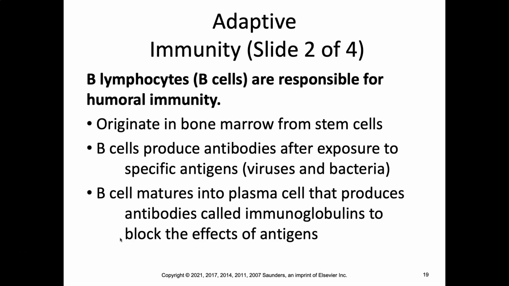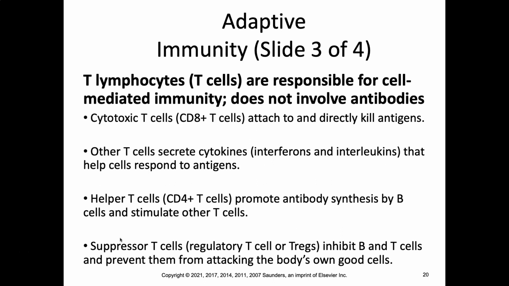So what are B cells responsible for? And again, hint, hint, B cells and T cells. Make sure that you are very familiar with both and what they do. It's not that you need to know the CD8 plus T cells or that type of detail. You just need to know that your T cells can attach and kill antigens.